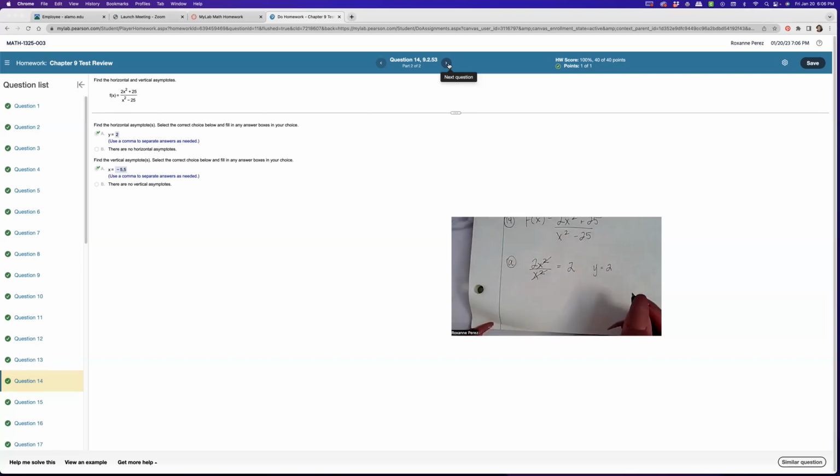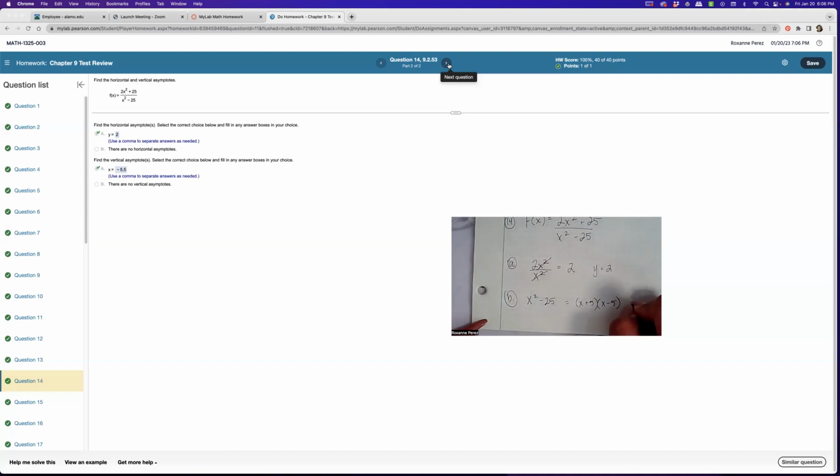Okay, the next part, B, we're being asked for any vertical asymptotes. Vertical asymptotes are derived from the denominator. So we're going to take our denominator, x squared minus 25. It's the difference of squares, so we're going to factor that down to (x plus 5)(x minus 5).